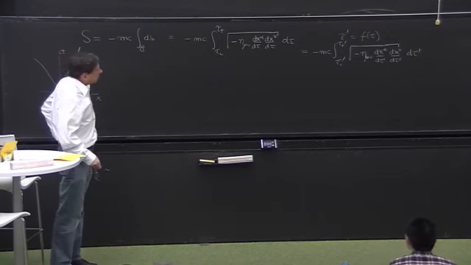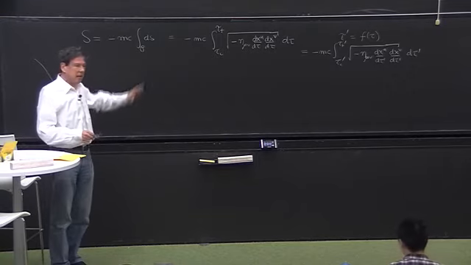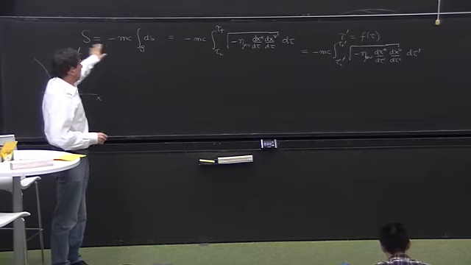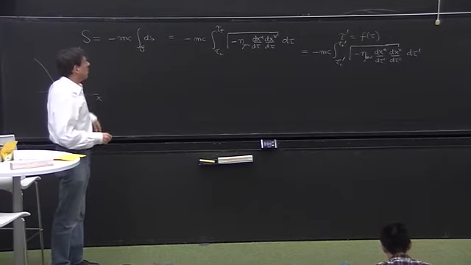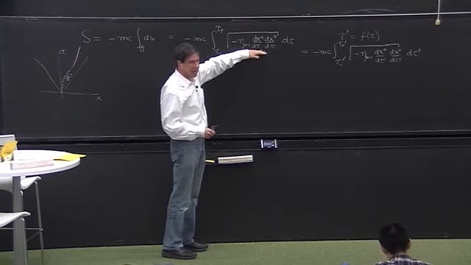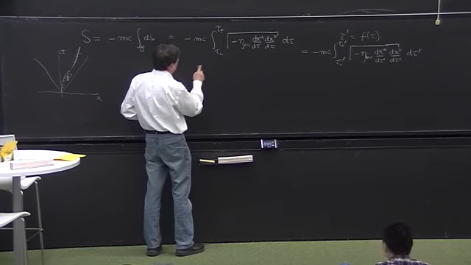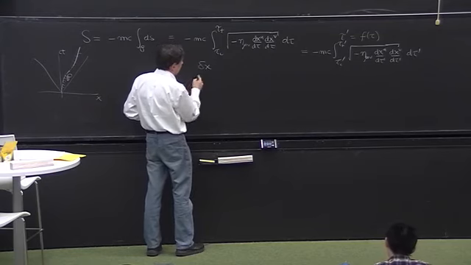So in fact, when we try to vary this action and find equations of motion, we vary it with the help of a parameterization. It's a lot easier because you have to vary the motion. You have to vary x.